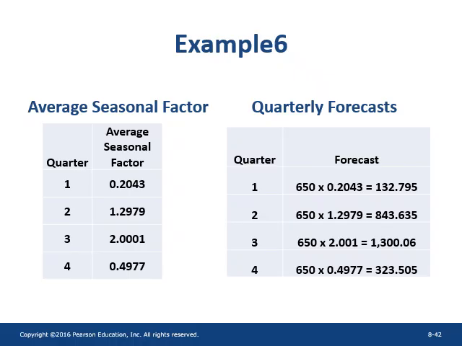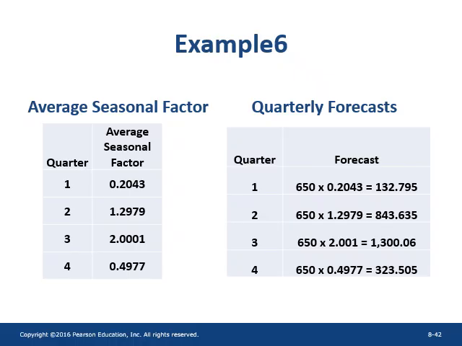Now, we were told a few slides back when this example was presented that there's a forecast for next year of 2,600 customers. So the average per quarter, if we do 2,600 in a year, would be 2,600 divided by 4, which is 650. But we found historically that the seasonal effect of quarter 1 is to reduce demand so that it's only 20% of the average, or 0.2043.